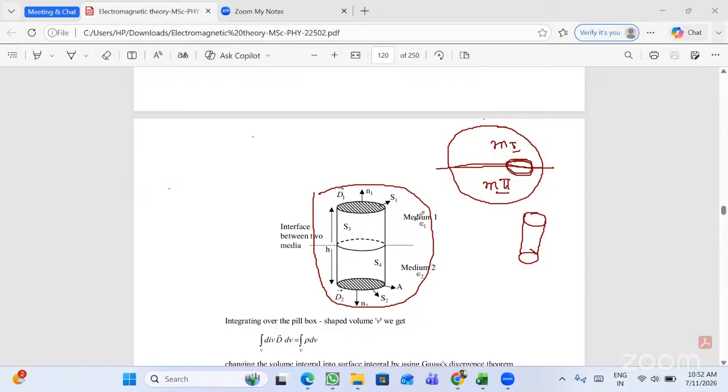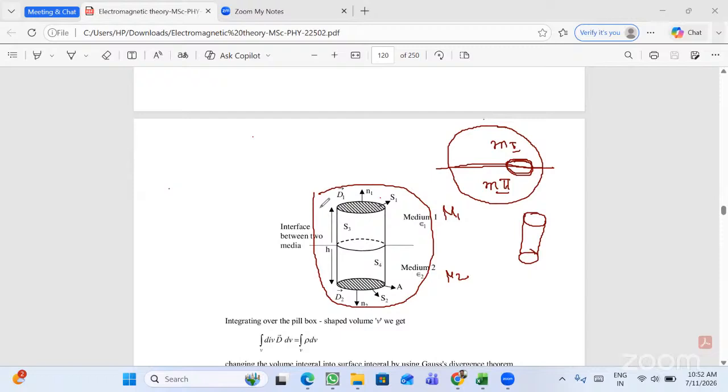It is not written here, but mu1 is the permeability of medium one and mu2 is the permeability of medium two. The pillbox has four different surfaces. S1 is completely in medium one, S2 is completely in medium two, and the S3 surface has one side in medium one and another in medium two, which we have taken as S4.